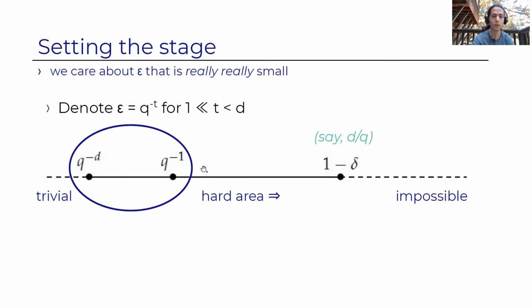So our focus will be on the area between a random polynomial and the trivial value. So we care about epsilon between q to the minus 1 and q to the minus d. And we denote epsilon as q to the minus t, where t ranges from 1, which is relatively hard, or at least we will see that it is, all the way up to d, which, crossing q to the minus d, is already trivial.